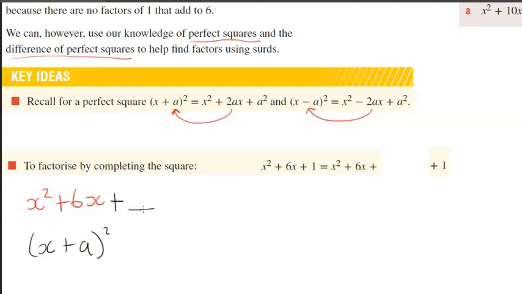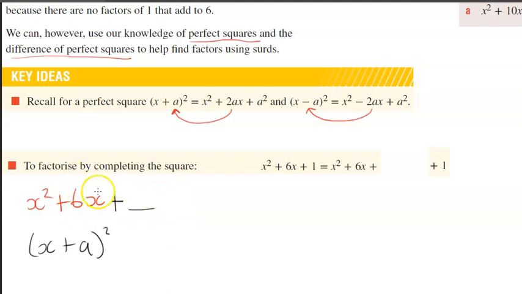Now the textbook shows you this process and it has fractions involved. So what I'm going to do is look at this x squared plus 6x plus whatever. This takes on the format x squared plus bx plus c.